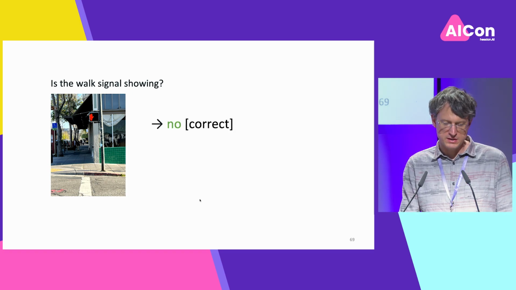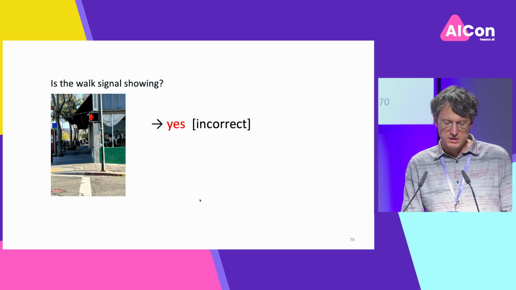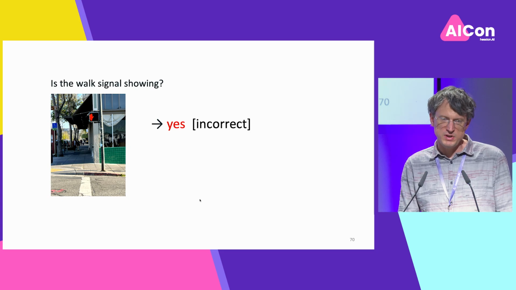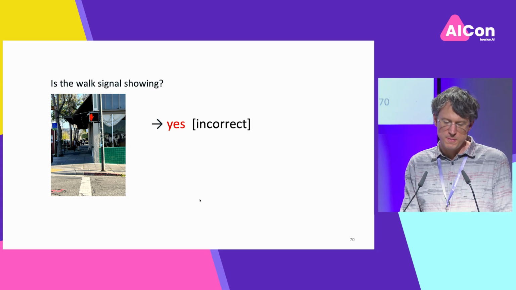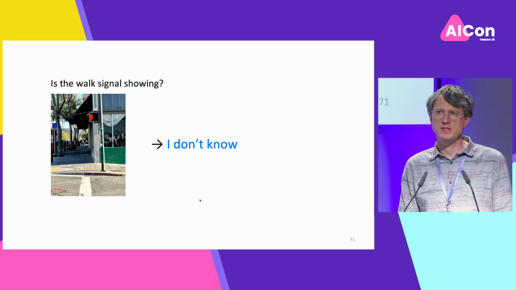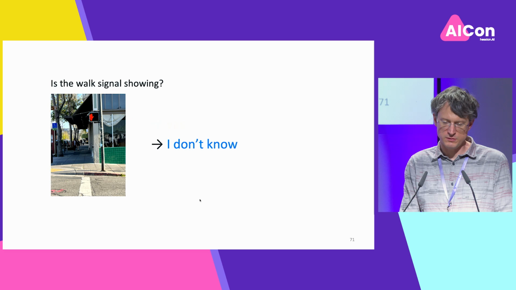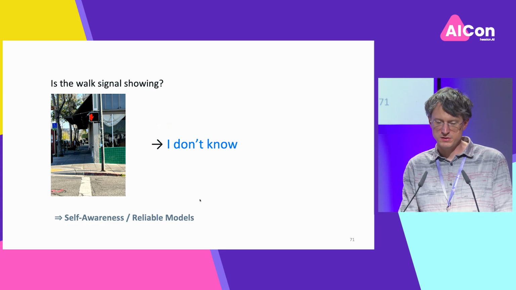The correct answer is, of course, no. But sometimes models get things incorrect and might say yes. We don't want them to say something incorrect if they're not sure, but instead we want them to say, I don't know, so to abstain from answering any of those questions they're uncertain about. This is what we call self-awareness or reliable models.